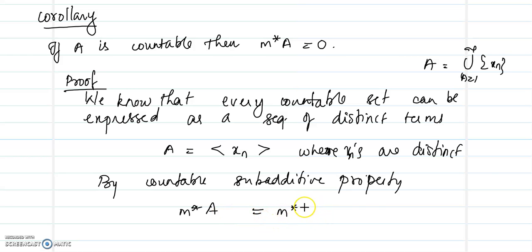So n star of A will be equal to n star of the union of singleton sets Xn. Now by the countable subadditive property, this will be less than or equal to the summation of n star of singleton set Xn.